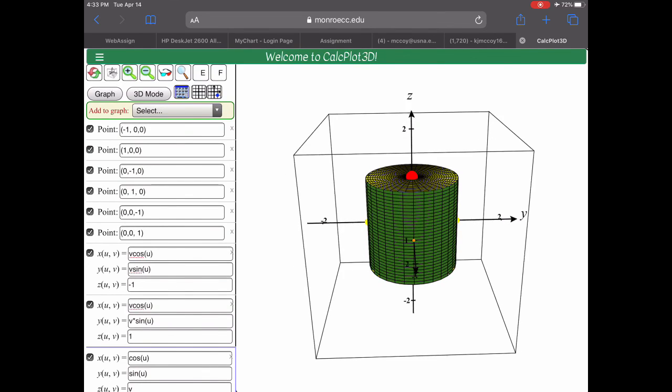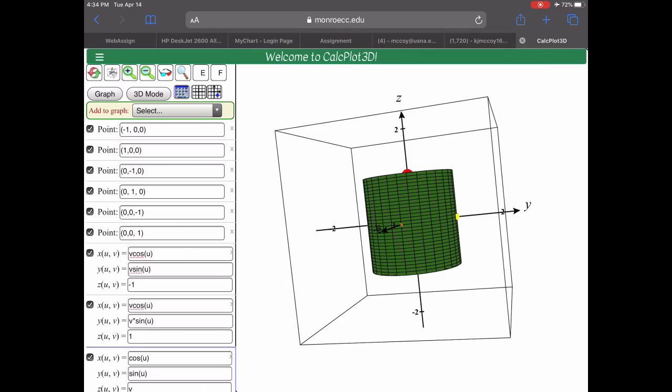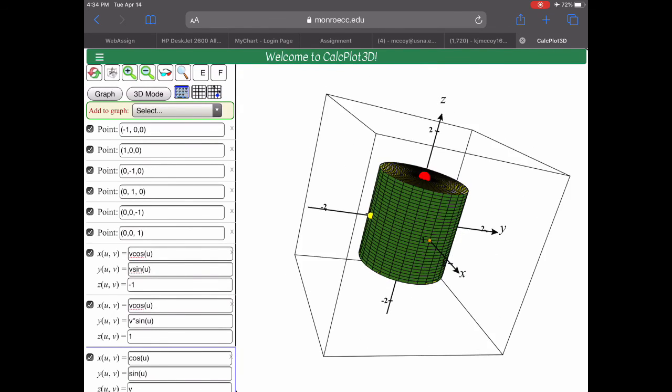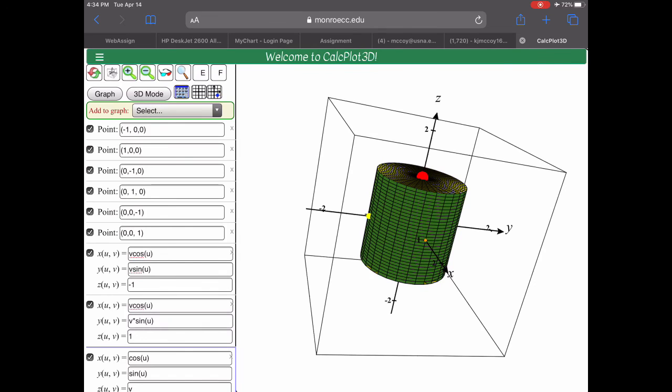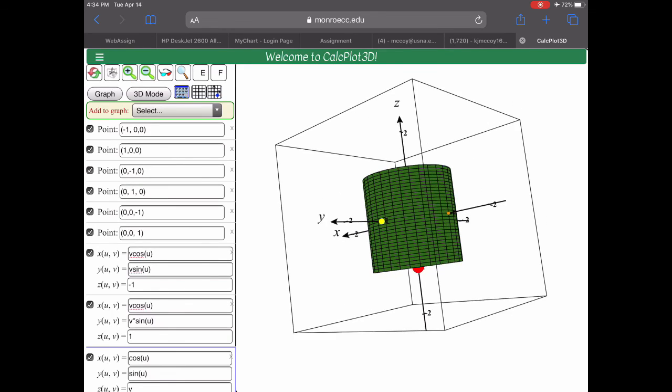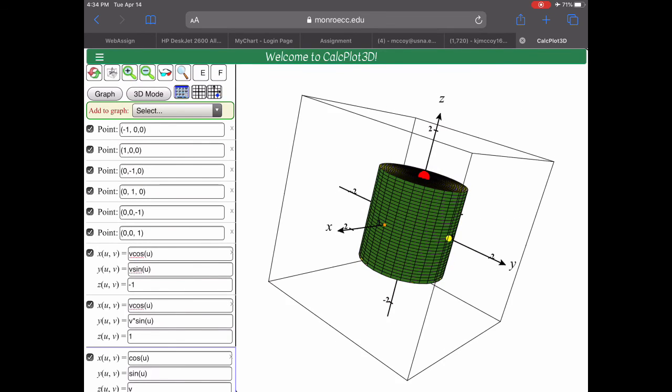So again, it's giving you an idea that those dots are representing each one of the pieces. We have 2 different pieces for the top and the bottom, one there and one there. And then we have the outside surface of the cylinder, which is represented in 4 different sections. So there you go. That's what I was trying to represent on the other picture.